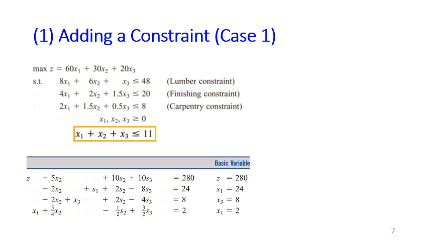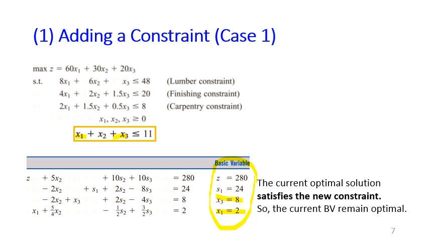When you add a constraint and you have been given the old optimal table, the simplest thing you can do is check whether the current optimal solution satisfies this constraint or not. So plug in the value x1 equals 2, x2 equals 0 because it is a non-basic variable, x3 equals 8, so 2 plus 0 plus 8 is indeed less than or equal to 11.